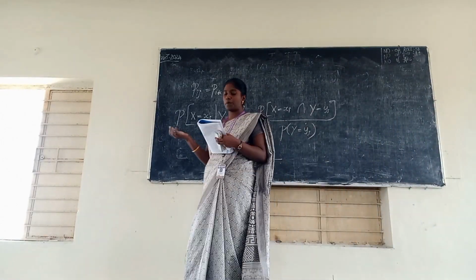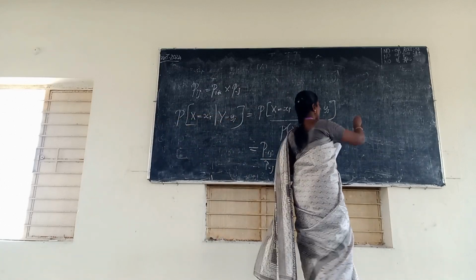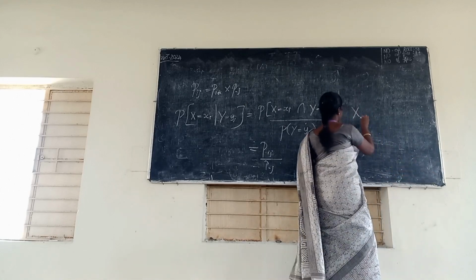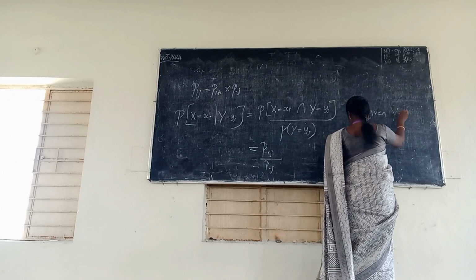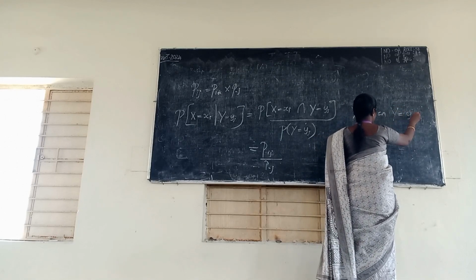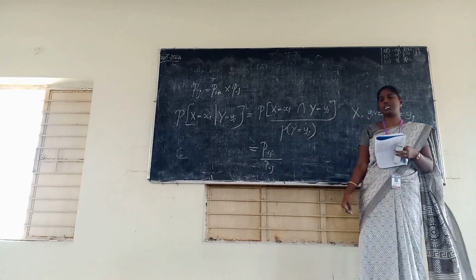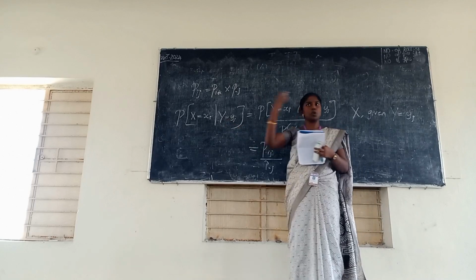The conditional probability function of capital X given y equal to yj. Here y alone is given, right? That's what I have.